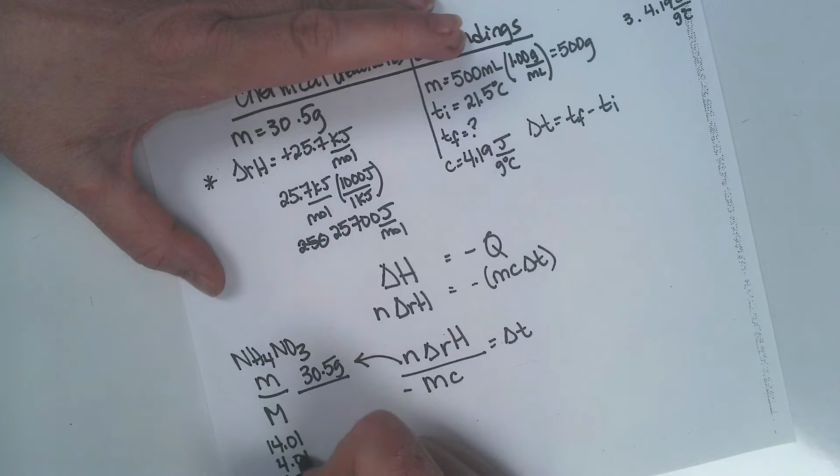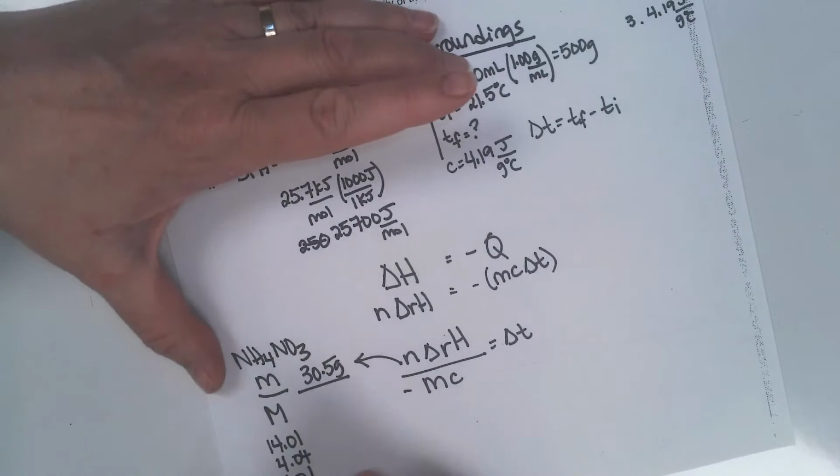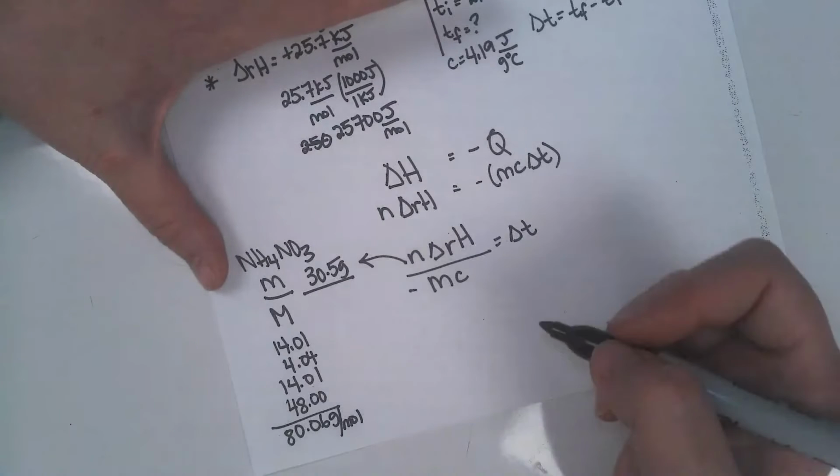One nitrogen, 14.01, sorry. 4 hydrogens, 1 nitrogen, and 3 oxygens. And for that, we should get a total of 80.06 grams per mole. Okay?